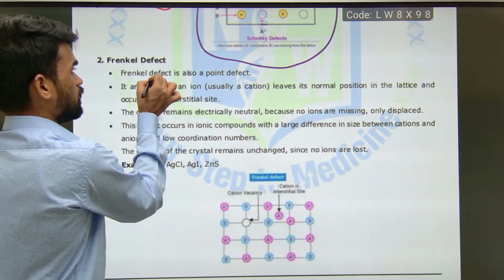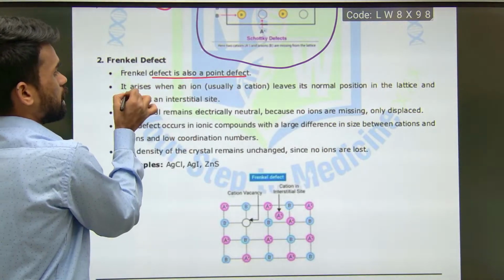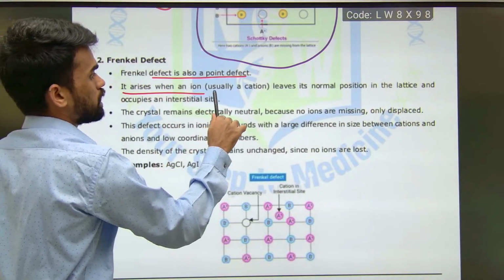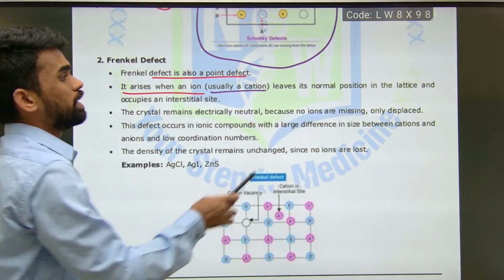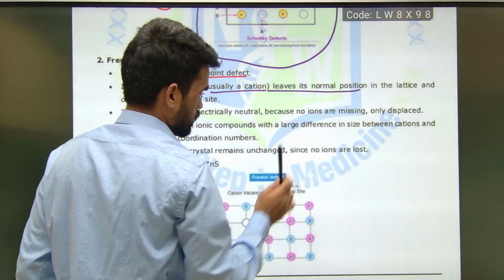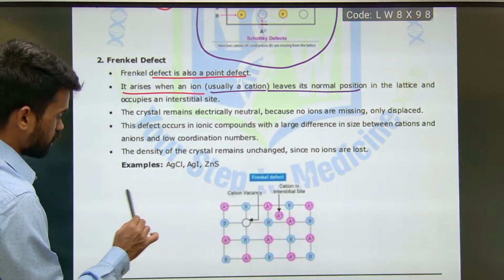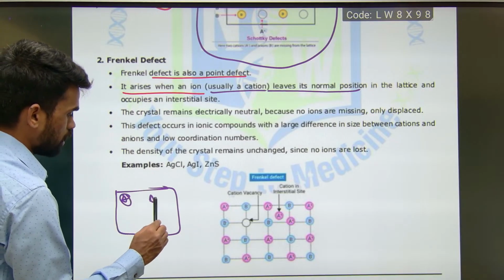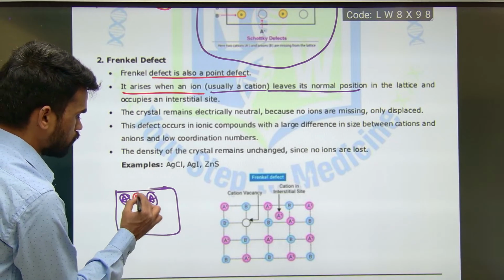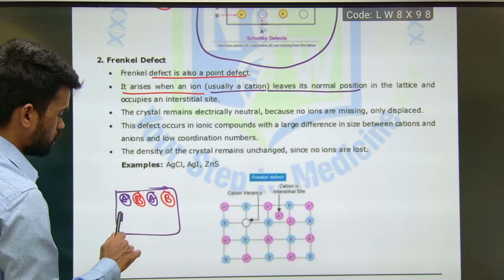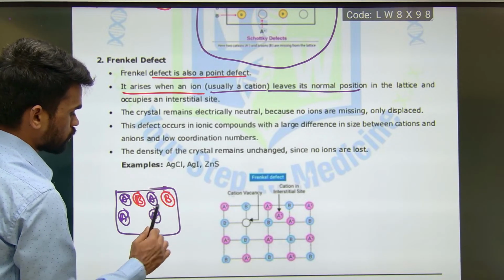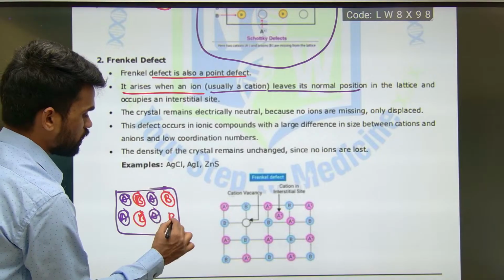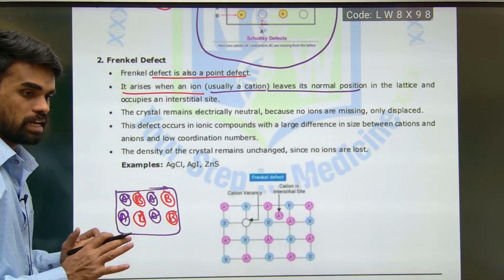See, Frenkel defect is also a point defect. It arises when an ion, usually a cation, leaves its position. See, if this is a crystal lattice, for example, you write the crystal lattice like A, B, A, B, like this. We have an equal number of cations and anions initially.